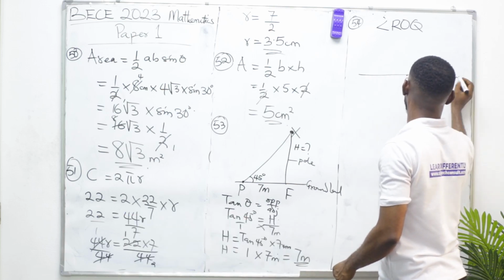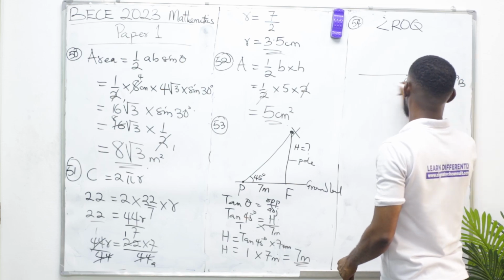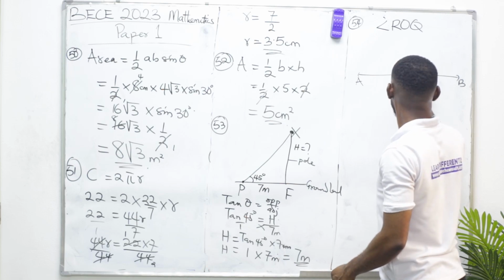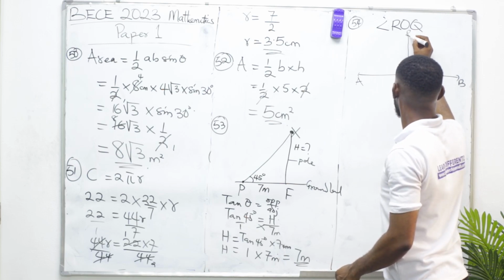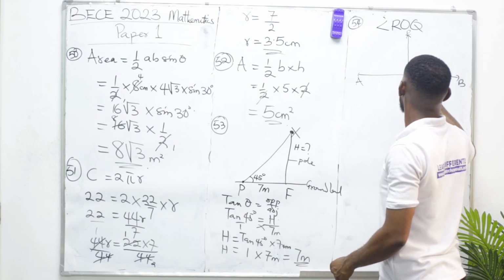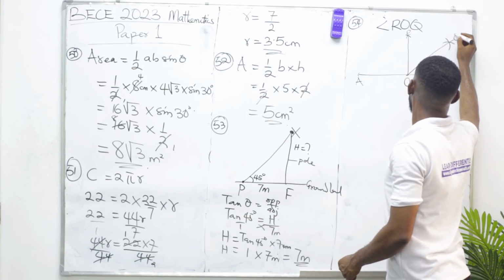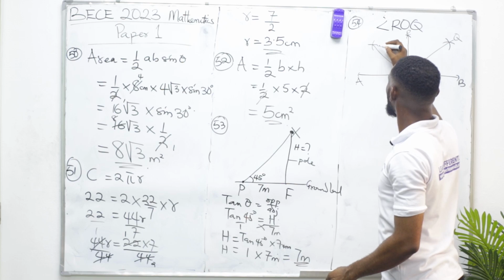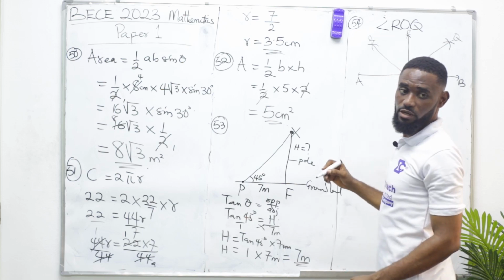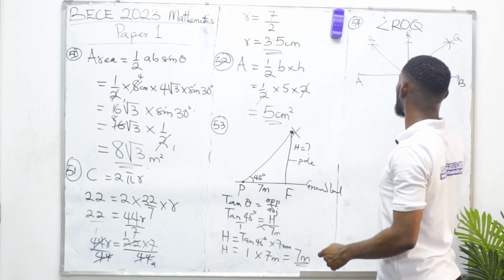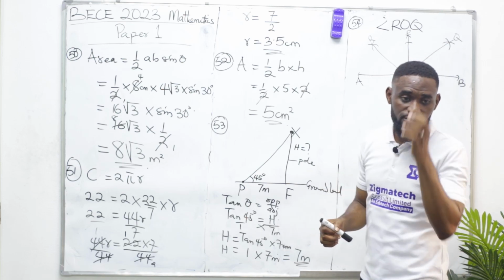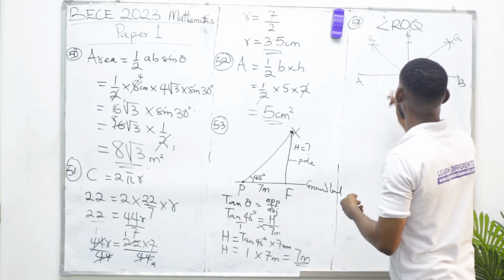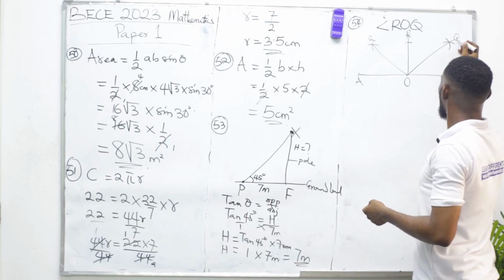These points, origin, this is our B, this is our A, then we have P, Q, R. Is that okay? So we have something like this. So the question is, we should find the size of angle ROQ.